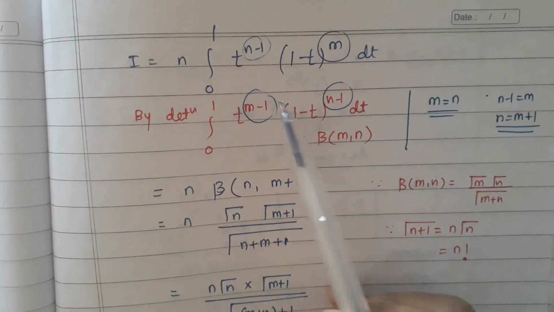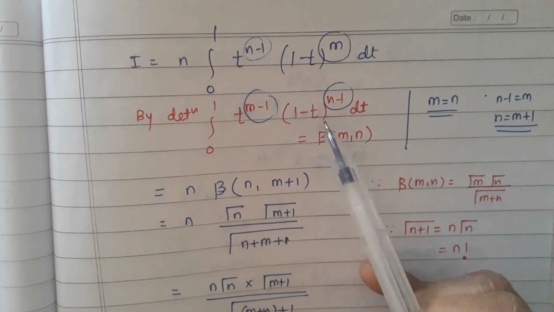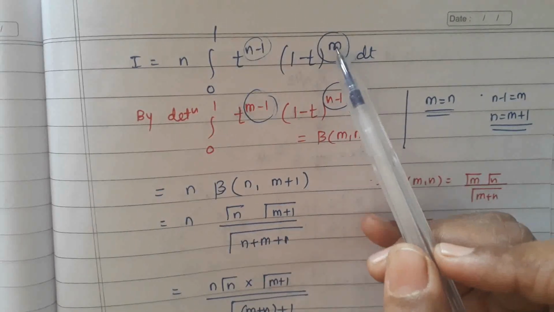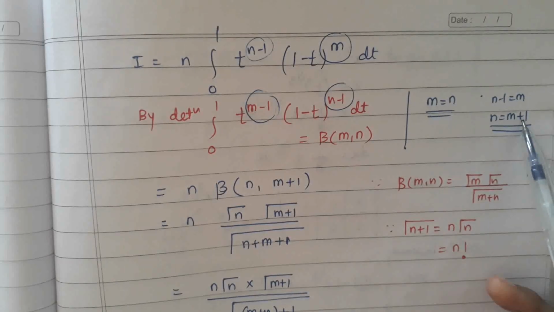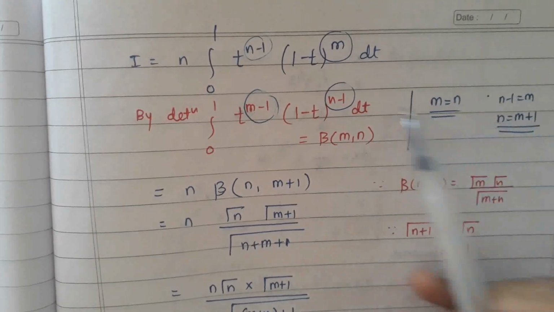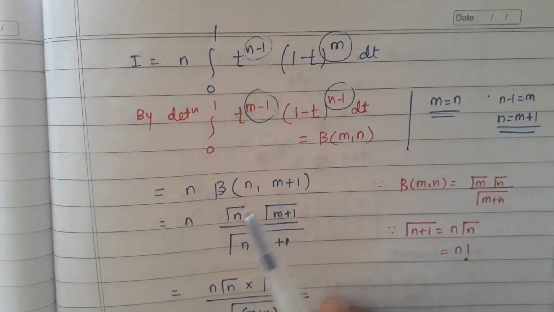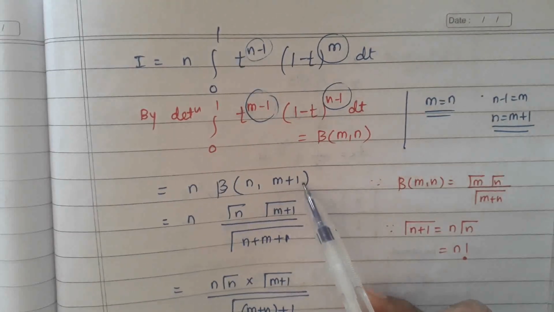To find the values of m and n, here m is equal to n and n minus 1 is equal to m. That means n is equal to m plus 1. So the value of m is n and the value of n is m plus 1. This integral can be written as n into beta(n, m plus 1).